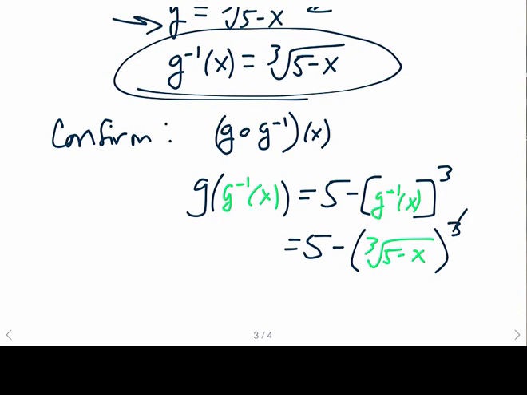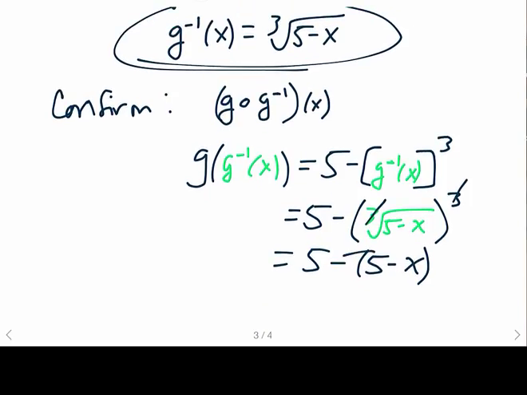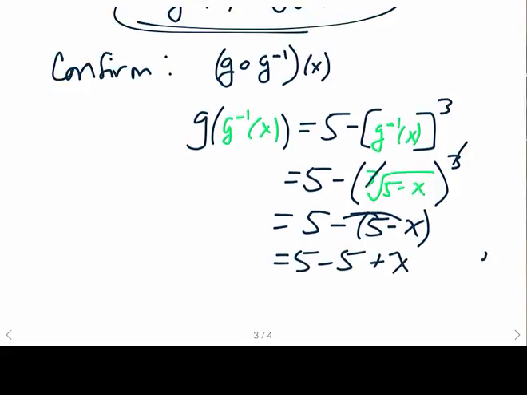The cube undoes the cube root, so I have 5 minus, and since the radicand is a binomial, I'm using parentheses, the quantity of 5 minus x. And distributing the negative is going to give me 5 minus 5 plus x, which is simply x, which is exactly what we would expect by composing a function and its inverse.